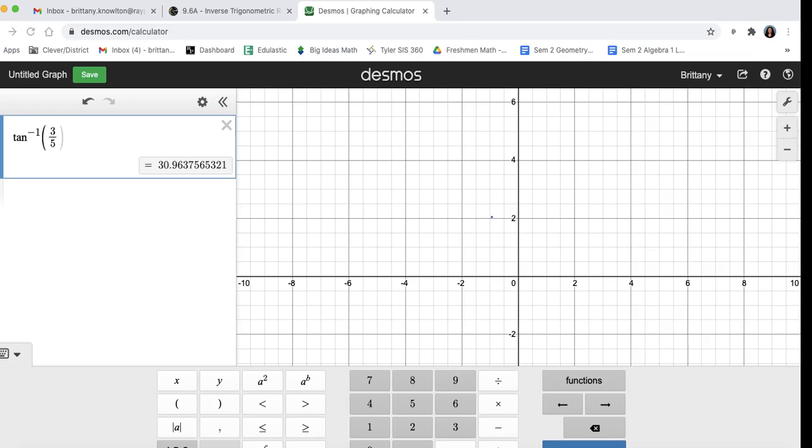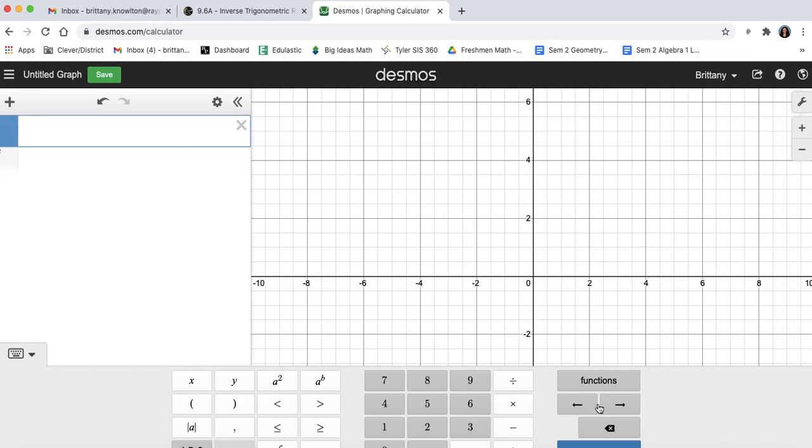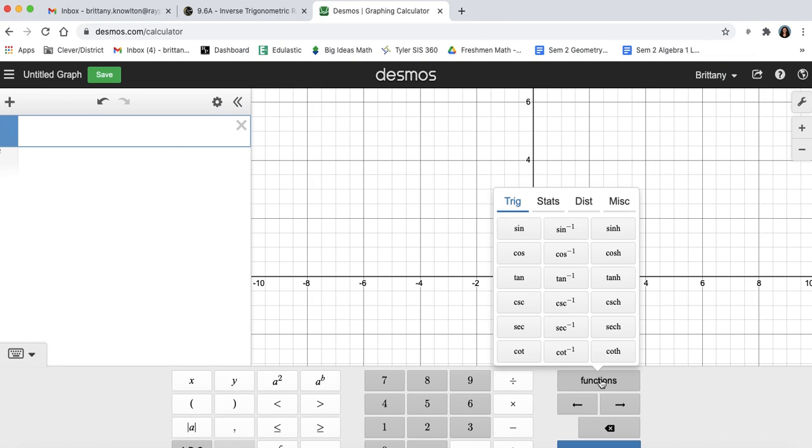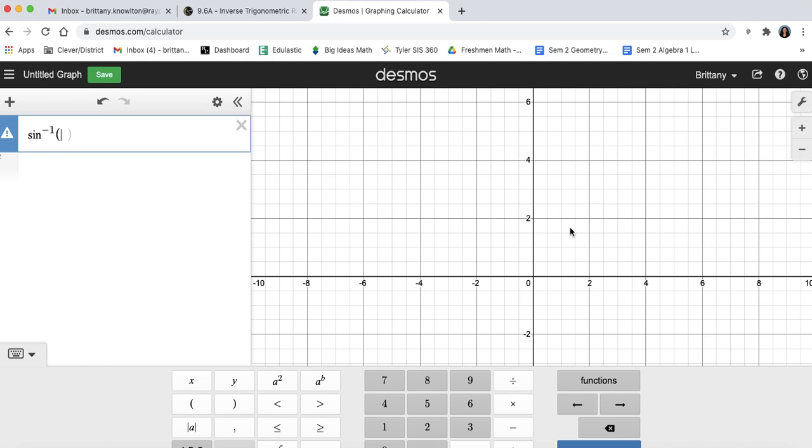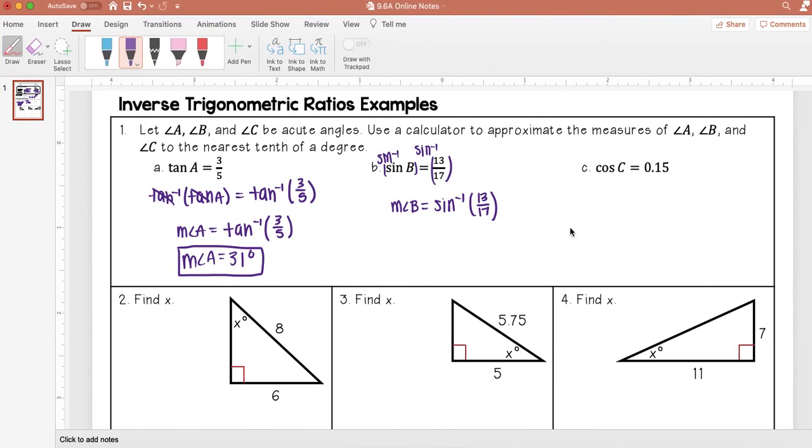So going back over to Desmos, click on functions. I'm going to find sine inverse, and that is this one. And this was 13/17. And so I get 49.9 when I round to the nearest tenth.